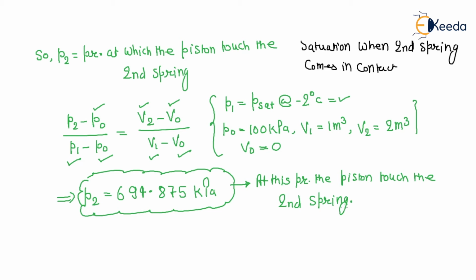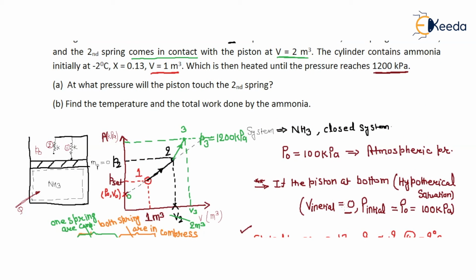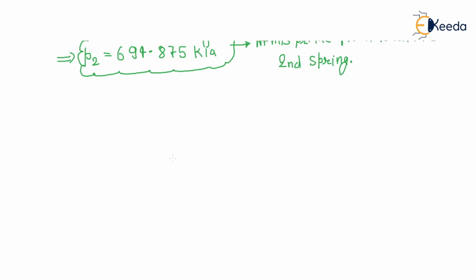right? Now this slope is double. Why? Because both springs are compressed, 2 to 3, both springs compressed. So slope is double. So what is that?